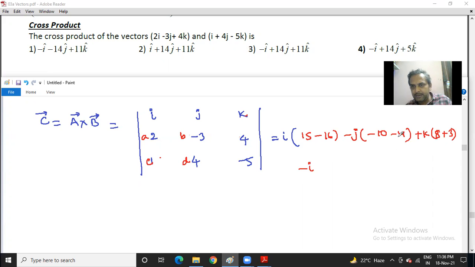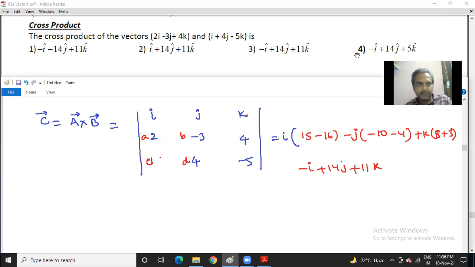This is going to be minus 14, you will get plus 14j. Let us check once. This is 8, this is minus 3. Therefore, it will be plus 3 only, it will be 11.